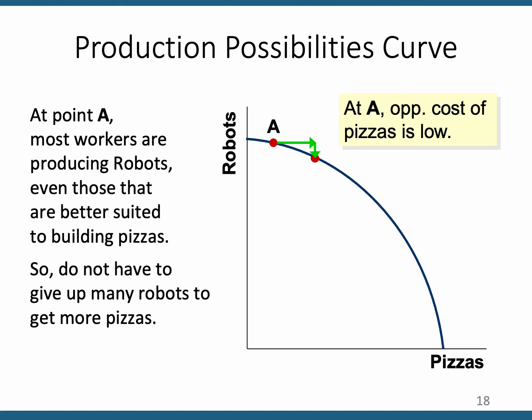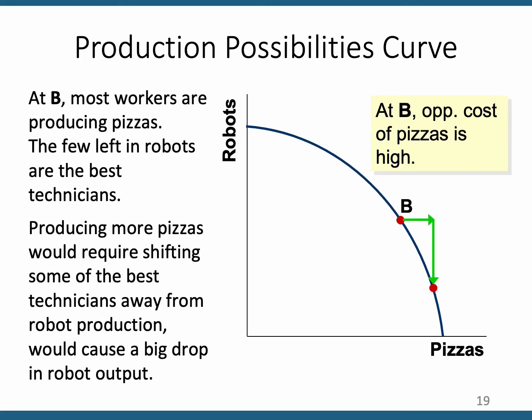So let's move a little bit further. If you end up at what's now being called point B, now you have really increased pizza production per week and given up quite a bit of robot production. But imagine you want to go even further to an imaginary point C, which is not labeled here. We're calling it point C. All right, just because of the position on this curve, when you go from point B to point C, what are you gaining horizontally?